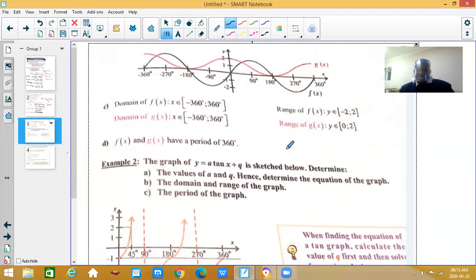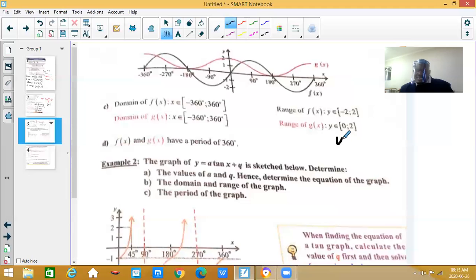There is another way that you can also write this, because in some textbooks you may find that it is written in inequality form. So it starts from 0 to 2. This one and this one are the same. The same applies with the range.